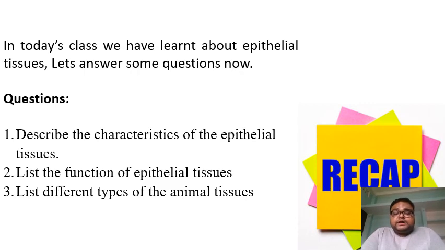Anything that has to cross the epithelium has to cross through at least one layer of the epithelium. Okay, and what about the intercellular spaces between the epithelial tissues? Yes, so there are almost no intercellular spaces between the epithelial tissues. Okay, students? Right.